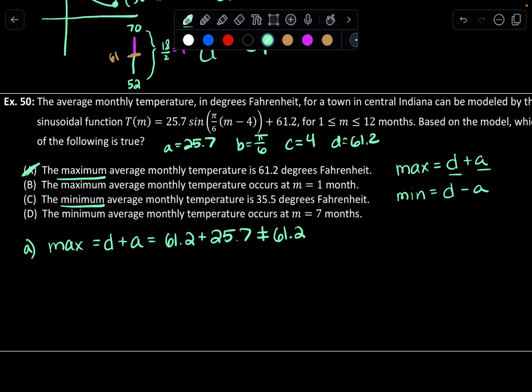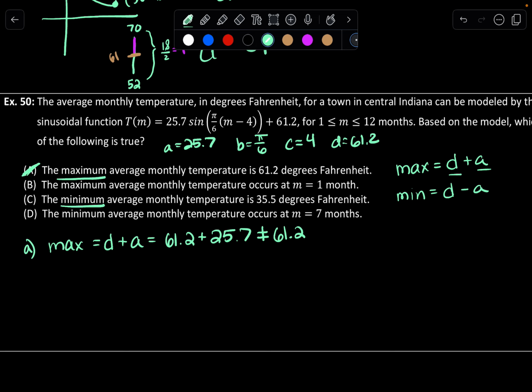Part B says the maximum average monthly temperature occurs at 1 month. Okay, it occurs at 1 month. So my go-to is to plug this in and see if I end up with the maximum value.